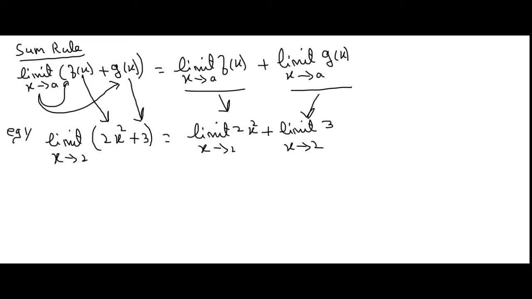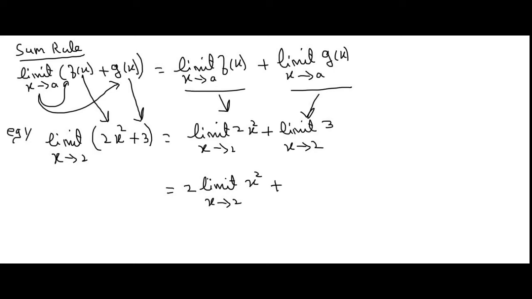Now here in the question there is 2 which is a constant, so applying the rule of constant times function, 2 times limit x approaches to 2 of x square plus. Now here is 3, there is no variable here, so it is a constant function.